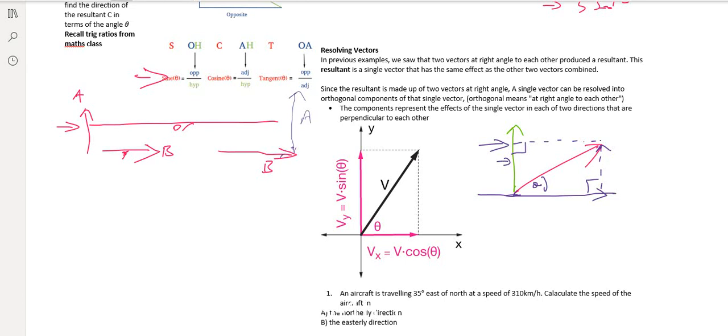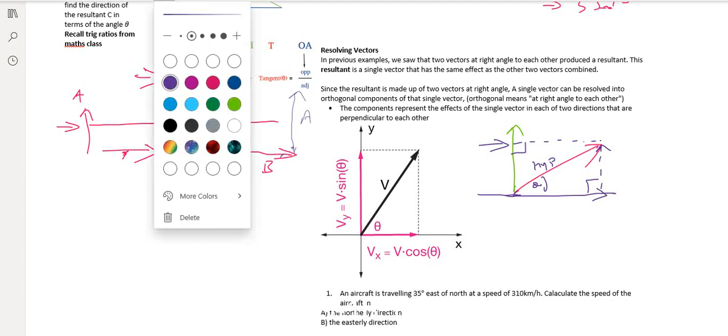Now let us apply the trig a little bit here. So we know that this is our hypotenuse. All right? And we know that this is going to be our opposite.